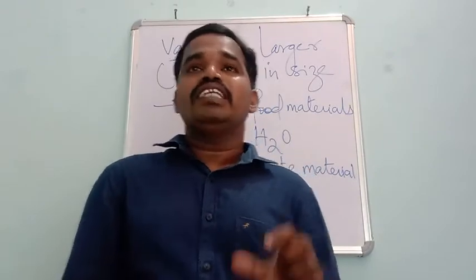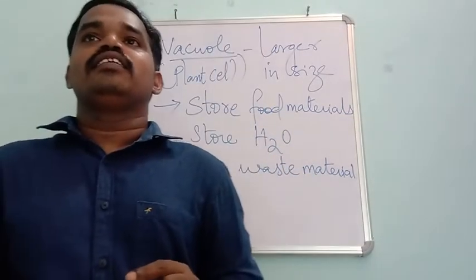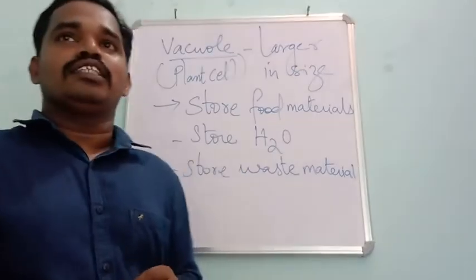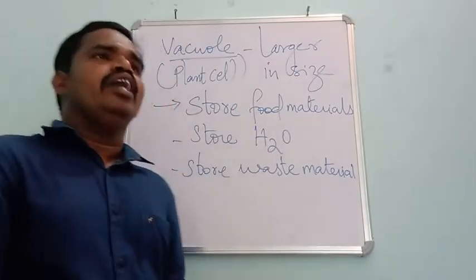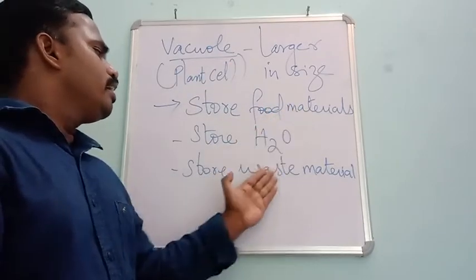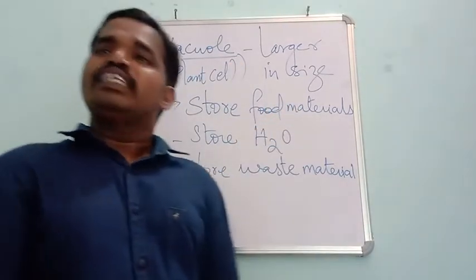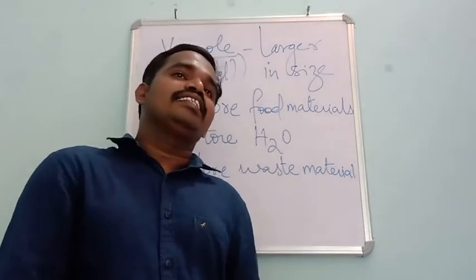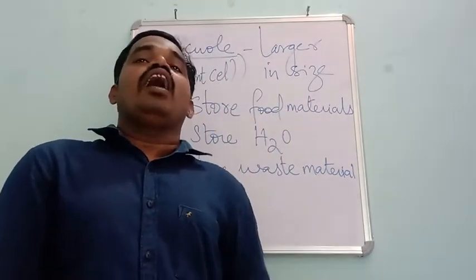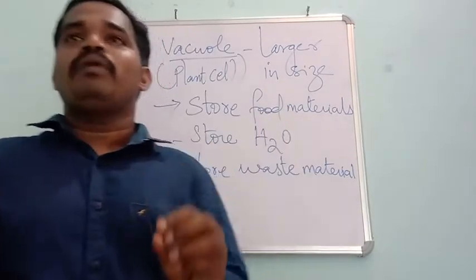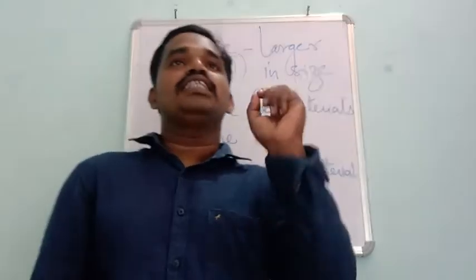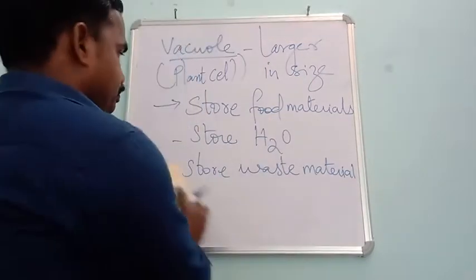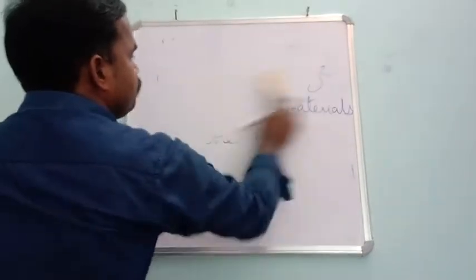No. The meristematic cells are smaller and actively involved in cell division, so they do not need to store food, water or waste materials. That is the reason the vacuoles are absent in the meristematic cells. Got it? That's good.